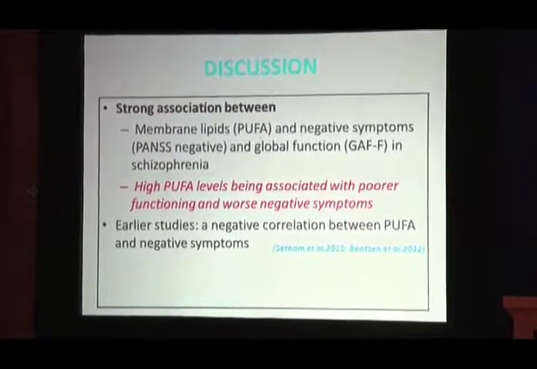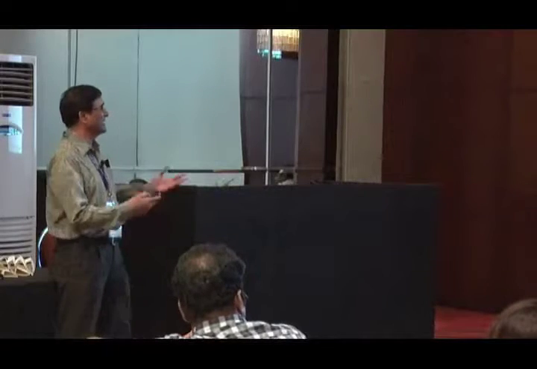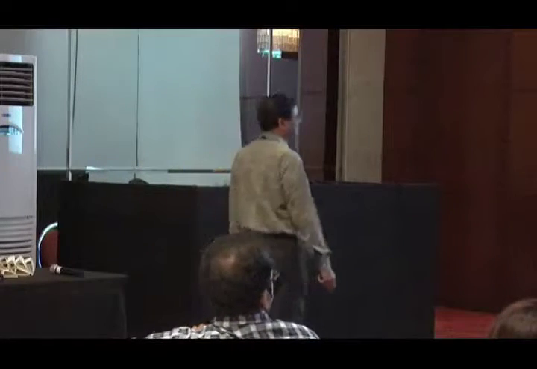And there is a strong association between PUFA and negative symptoms and global function in schizophrenia. Therefore, high PUFA levels being associated with poor functioning and worse negative symptoms. Oh my God, what a loaded statement they are making. And earlier studies had shown a negative correlation between PUFA and negative symptoms.